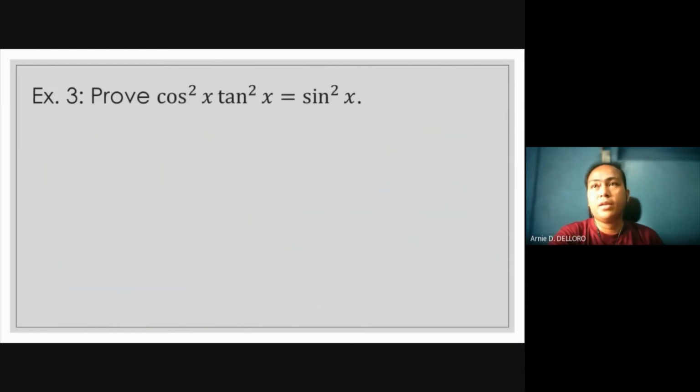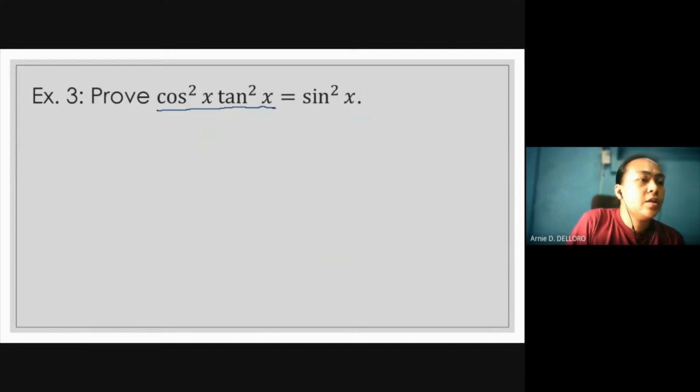Prove the identity cosine squared x times tangent squared x equals sine squared x. So, sabi natin doon sa tips kanina, you may work on the more complicated side of the equation. Okay? So, in this case, ang ima-manipulate ko itong cosine squared x times tangent squared x.